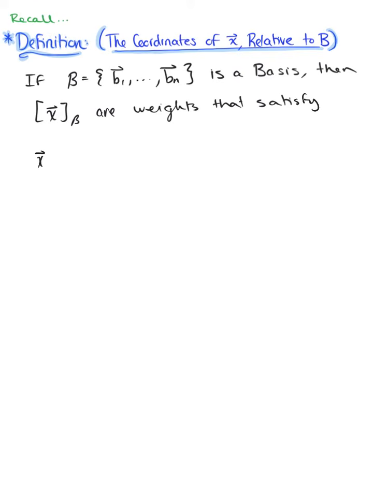So we have that vector equation, vector x is equal to scalar c sub 1 times vector b sub 1 plus all the way to plus c sub n times vector b sub n. And this, of course, is such that c sub 1 through c sub n are those weights, those scalars, those coefficients. We can recall that we can convert this vector equation to the equivalent matrix equation.